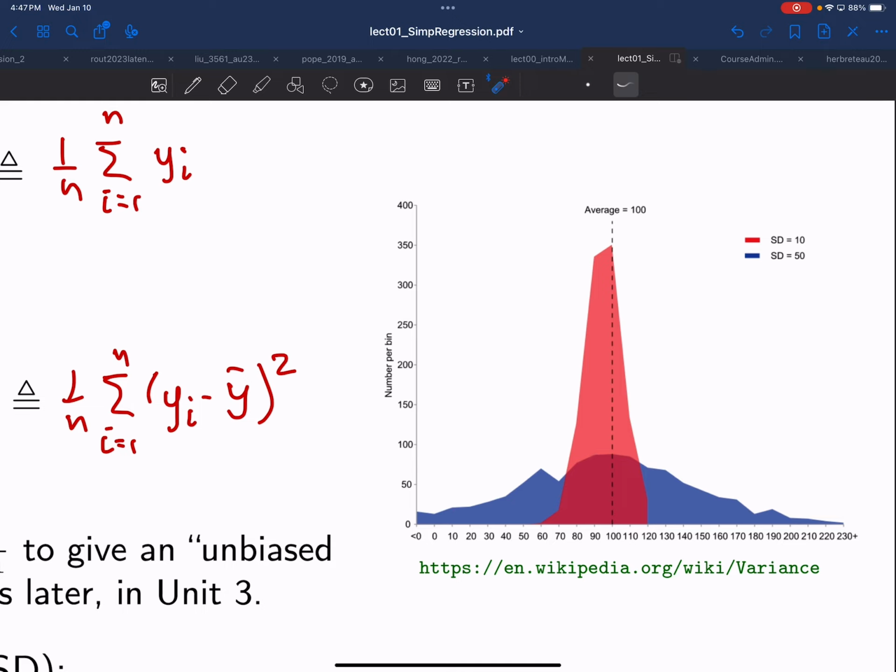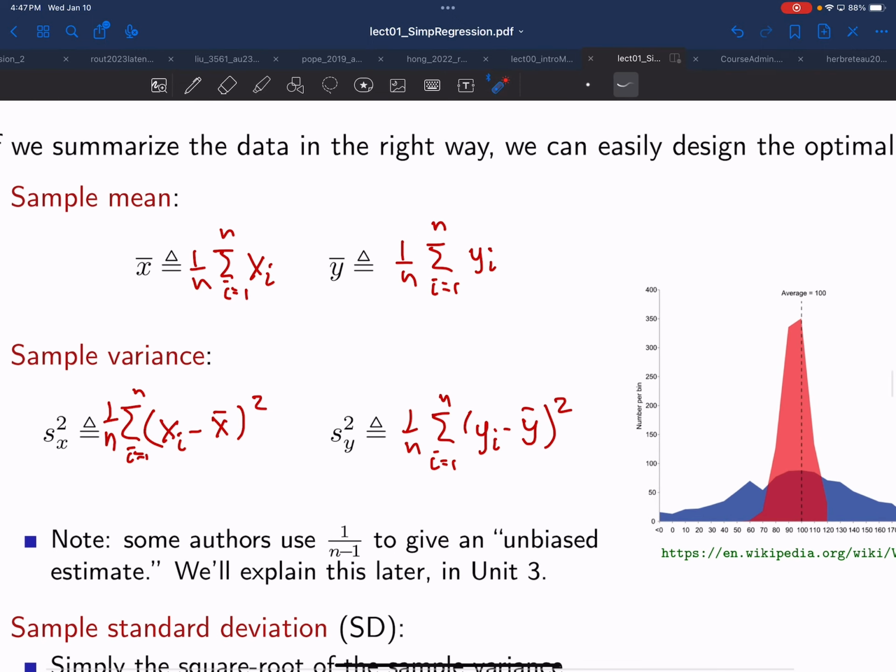But the one important thing about the variance is that it's a squared quantity, whereas the mean is not squared. So in some sense, they're like different units altogether. Maybe if this is miles per gallon, the units of this would be miles per gallon squared. So you have to be aware of that.